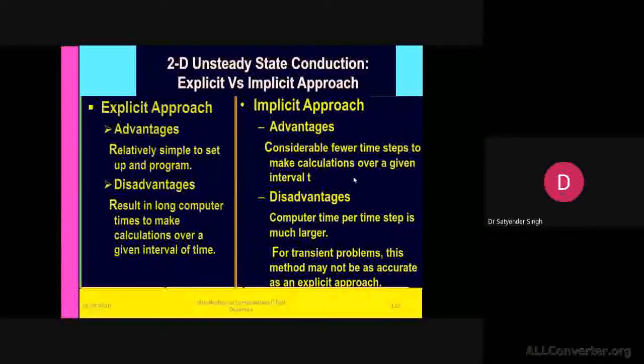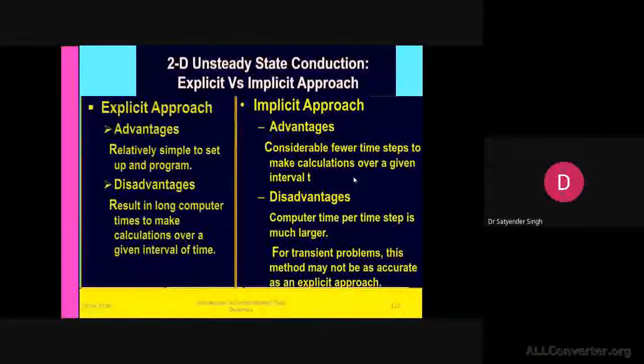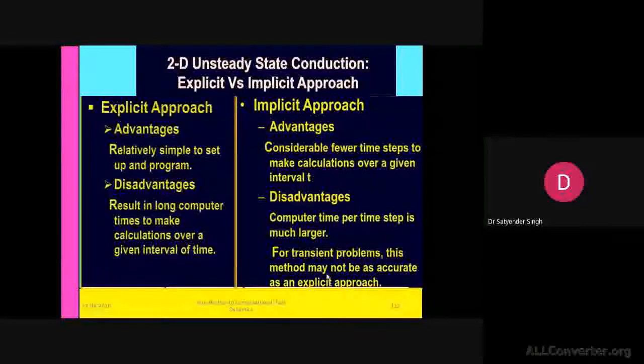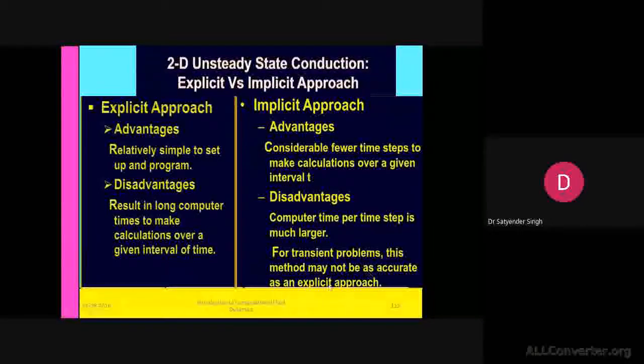So there are considerably fewer time steps to make calculations over a given time interval. The disadvantage is that computer time per time step is much larger, and for a transient problem, this method may not be as accurate as an explicit approach. In most commercial CFD tools, we generally have the explicit solution available in the software.